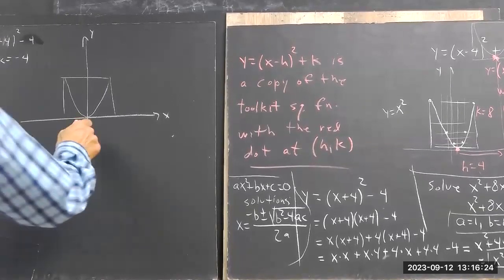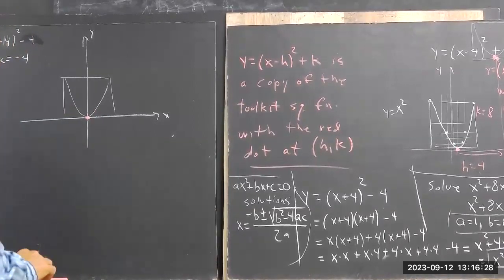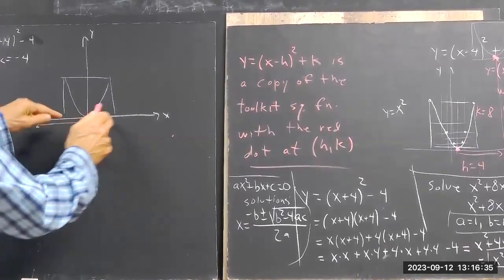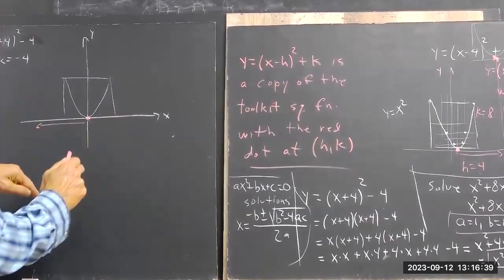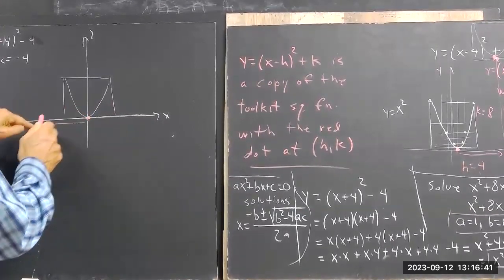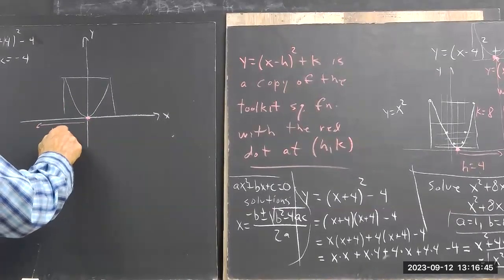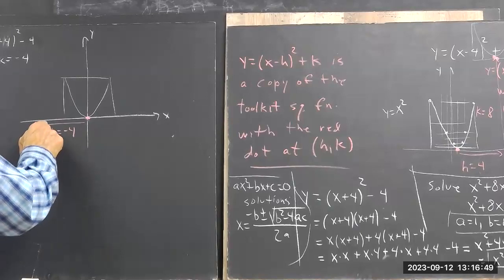Okay, H is -4, so I've got to move this thing over 4 units. Remember, this is 4, so this distance has to equal this distance. And of course, this is 2, so this is going to be twice as far as this. So we've got H equals -4 and K equals -4.